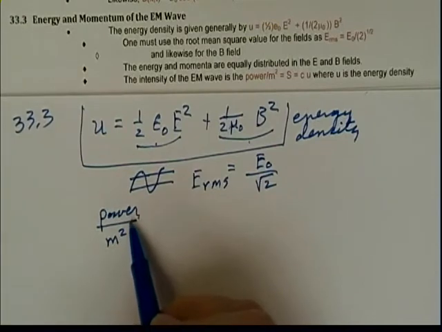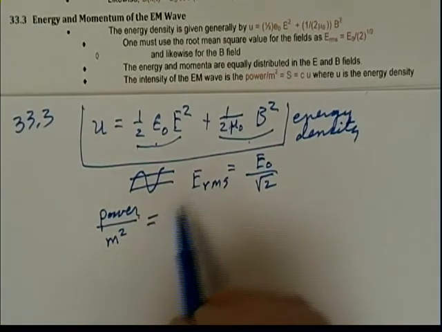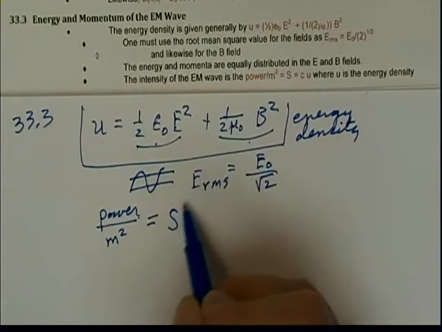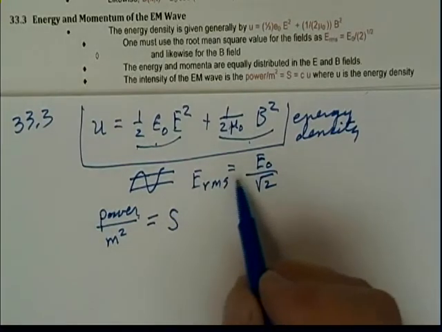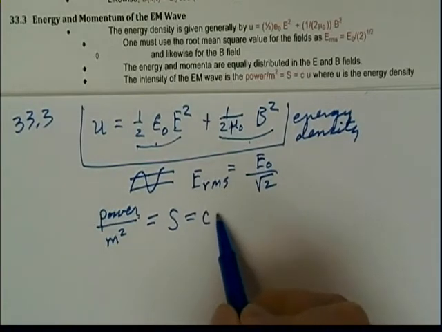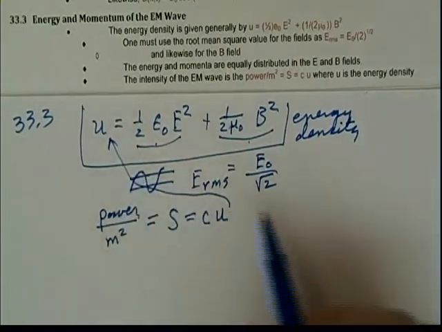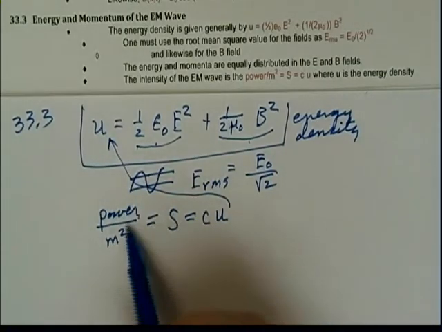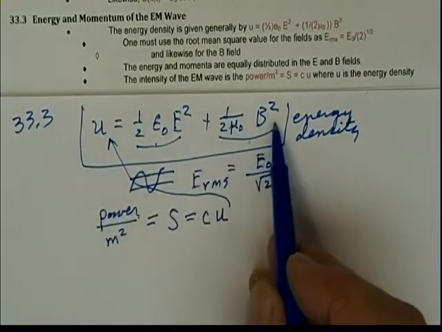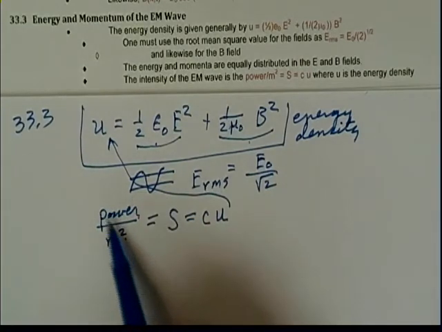This is like the radiation power that would be in watts per square meter from sunshine or something else. And this is expressed as S. It has a direction, and it's always given by the velocity of light times the energy density, where the energy density is given by this form here. So whereas this is the energy density, if I multiply that by c, I get the power per square meter.